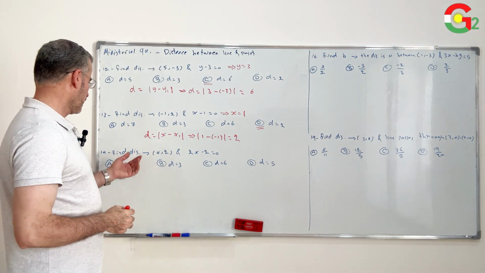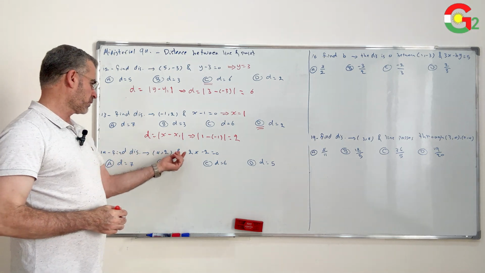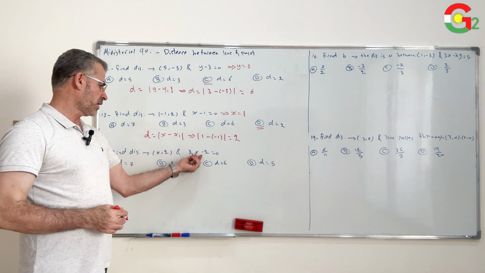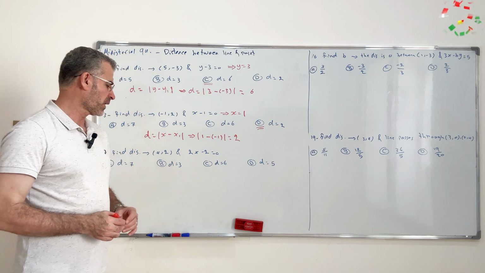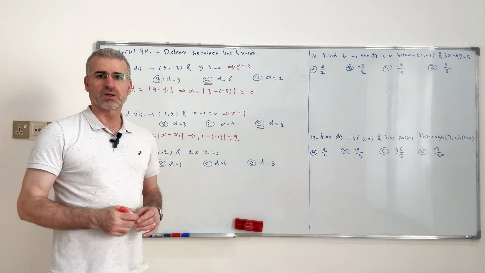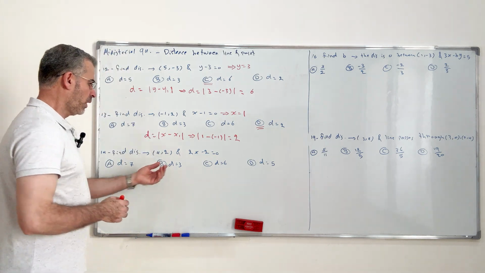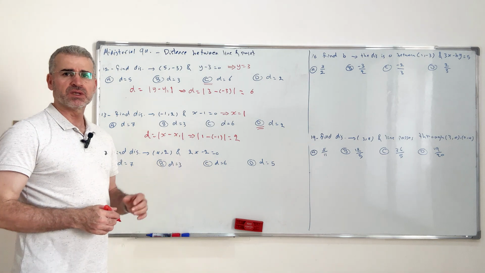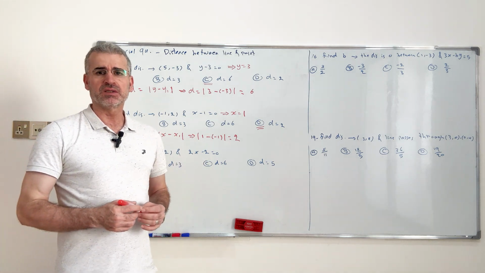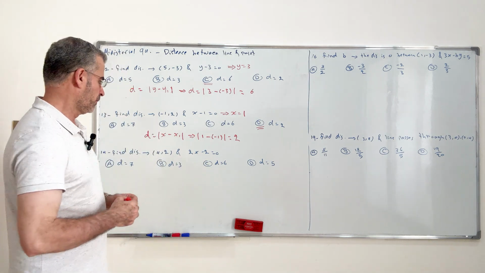Question number 14. Find the distance between the point 4, 2 and the line 2x minus 2 equals 0. When y does not appear in the equation, it means its coefficient is 0.